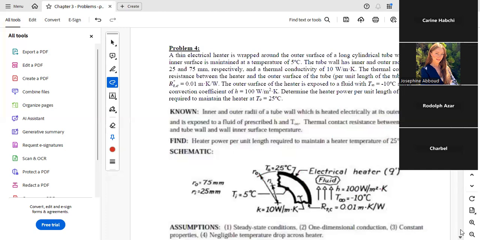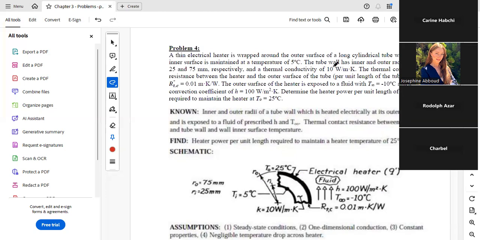Now, here it's similar, but we are applying another type of coordinates. Depending on the geometry, you can decide if you work with Cartesian coordinates or cylindrical coordinates. So here also we have a thin electrical heater wrapped around the outer surface of a long cylindrical tube whose inner surface is maintained at a temperature of 5 degrees.